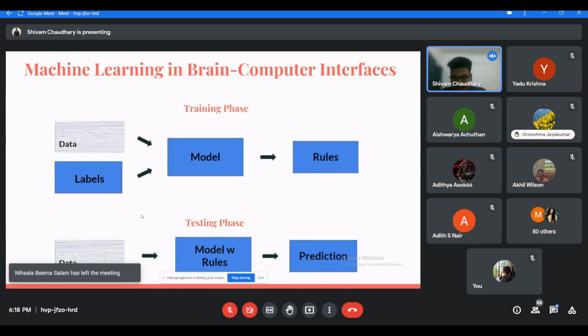Okay. So any questions on these two slides? You can type as well. I'm monitoring the chat box from another device, or you can speak up.